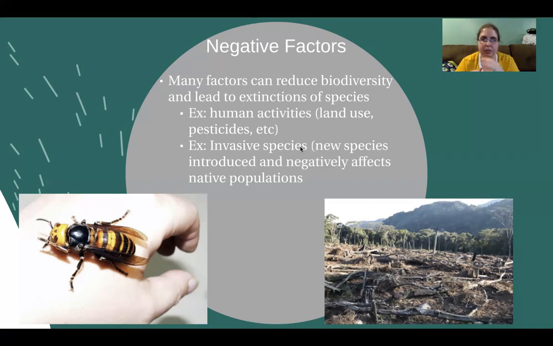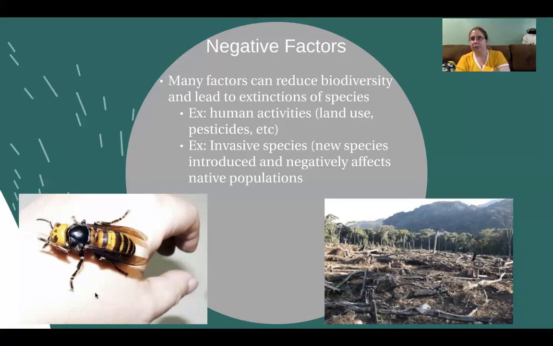Also invasive species. So these are when new species are introduced to an area. Like here we have one of those murder hornets. Now the thing about these hornets or other invasive species is when they are introduced to a new ecosystem, they have no natural predators. So nothing is going to feed on them. As a result, they're going to find things to feed on and survive off of.